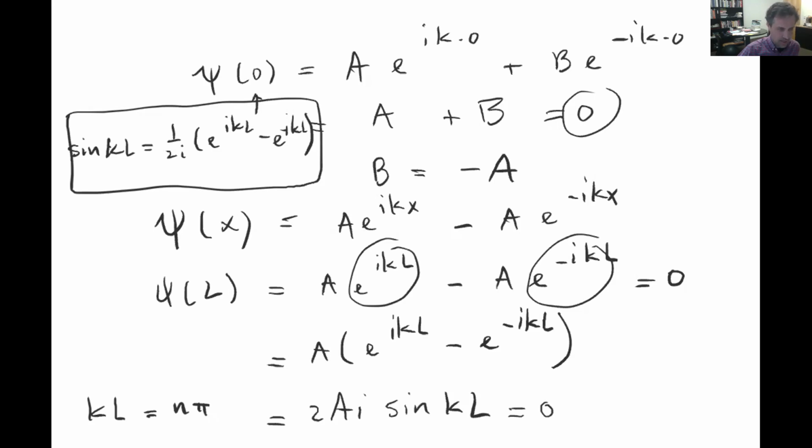If the argument KL is equal to an integer times pi, then the sine function must be 0. And that means that K must equal n pi over L. So that is a condition that I find now by using these two boundary conditions.